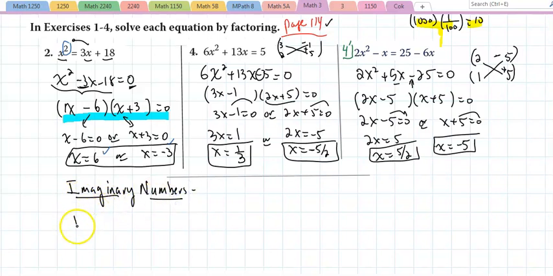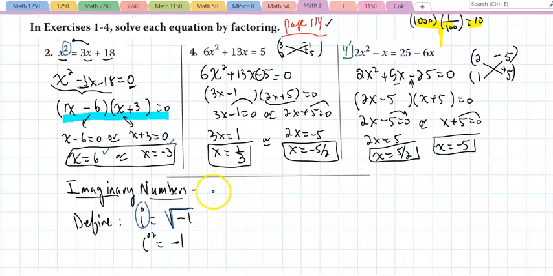We define i to equal the square root of negative 1, and if I square both sides, that's all I need. So anywhere I see specifically a square root with a negative underneath, I write an i. And that pretty much is it.